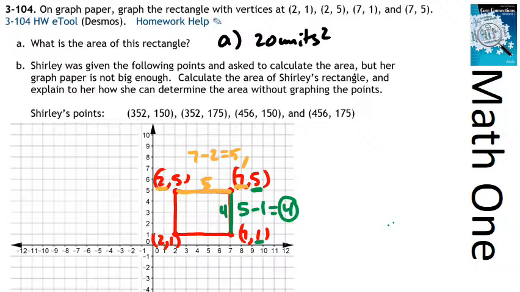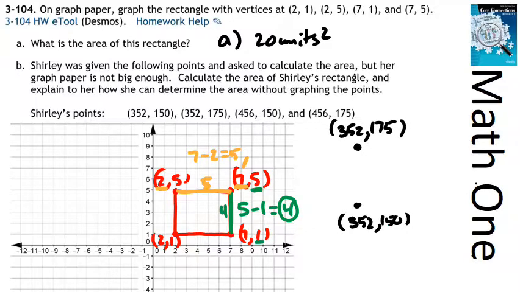So for example, I've got 352 and then up 150. So I've got this point, 352 and then up 150. I'm just going to jot those down. 352, 150. Now this is a very crude sketch. The next point I have is 352, 175. And then I'm going to plot this point.